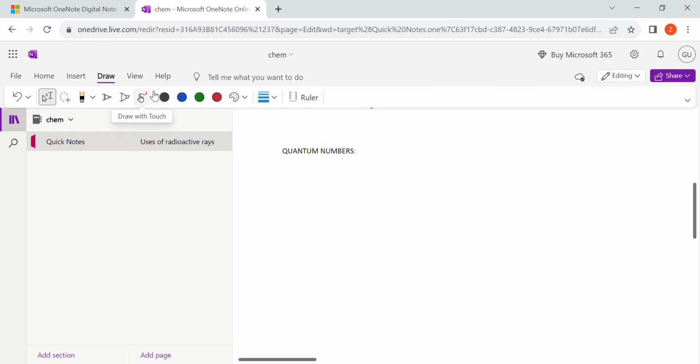So first of all, let's see what are quantum numbers. What is the meaning of this word quantum? Quantum का मतलब होता है energy atom. Energy atom को हम basically quantum कहते हैं.